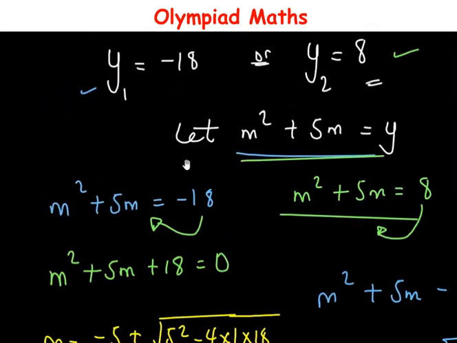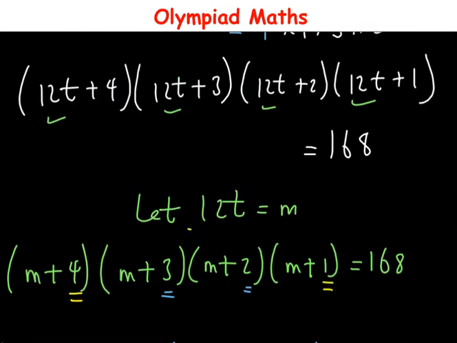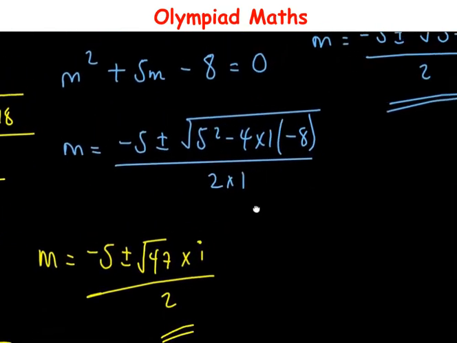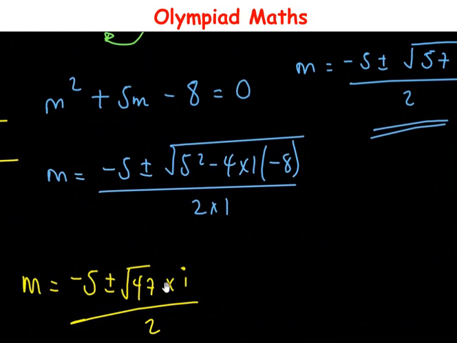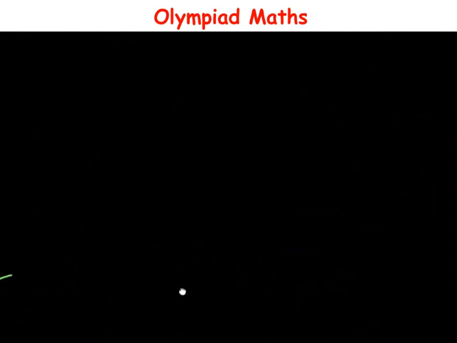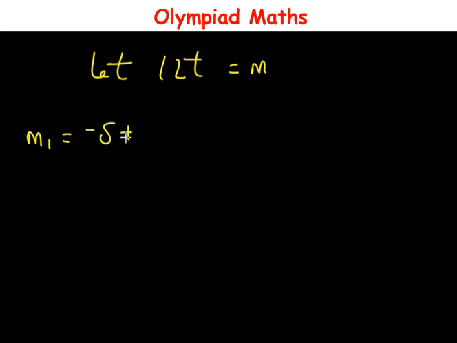So recall that from here, we said let 12t equal m. And we got the two solutions for m right here. The first one: m1 is equal to minus 5 plus or minus root 47 times i over 2.